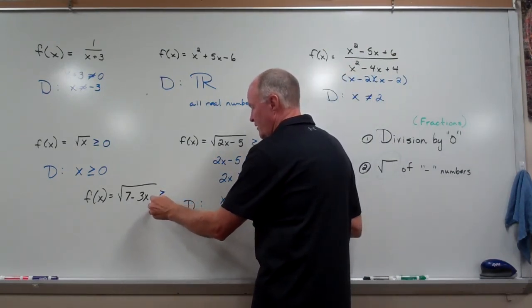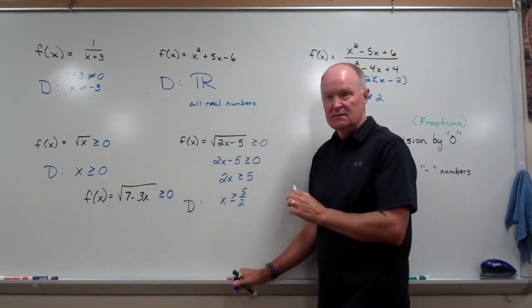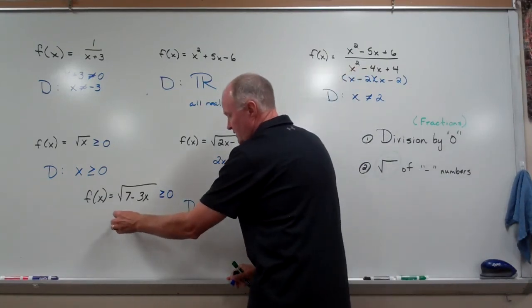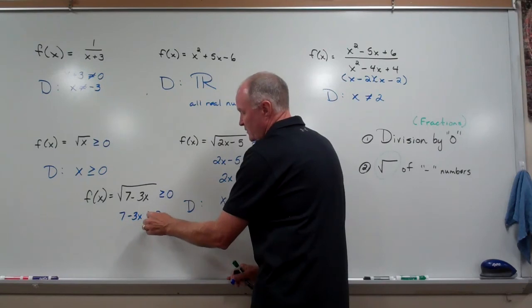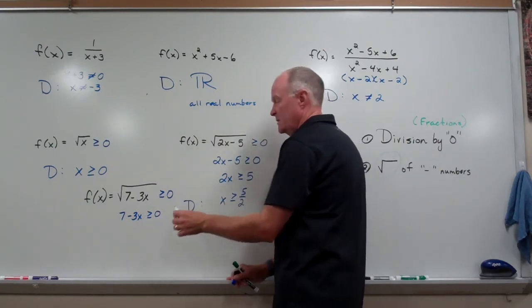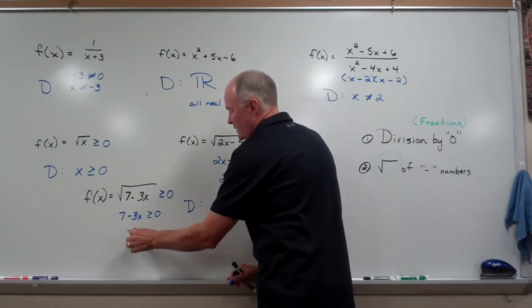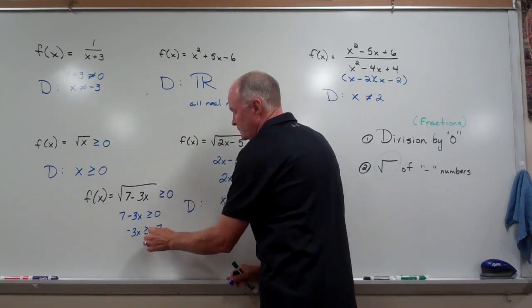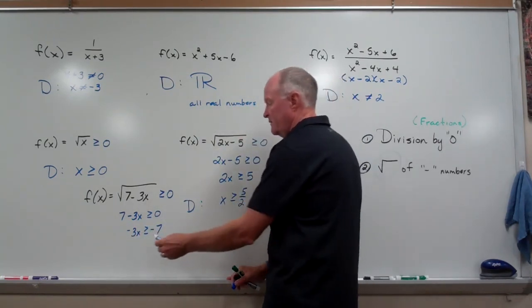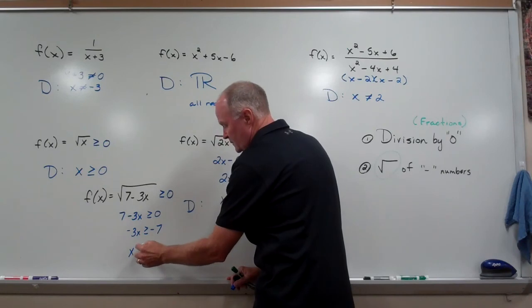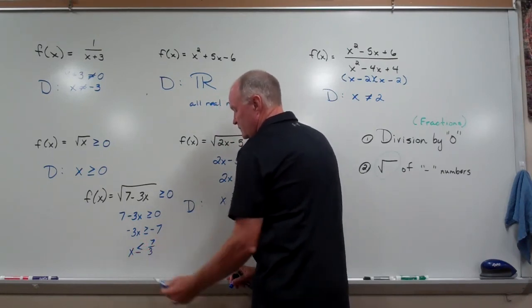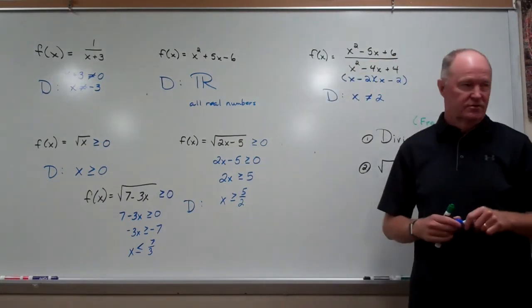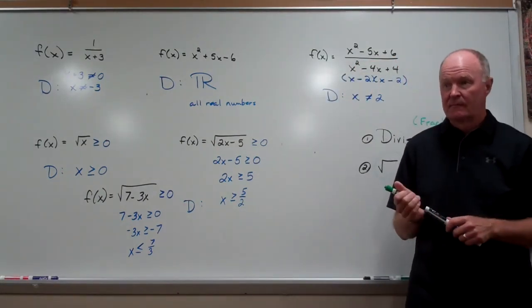It's got to be greater than or equal to 0. So 7 minus 3x has got to be greater than or equal to 0. I like to always keep the letters on the left and the numbers on the right. And so now I'm going to divide by -3. So I'm going to have to switch that direction and make that positive 7/3. So there's your domain right there.